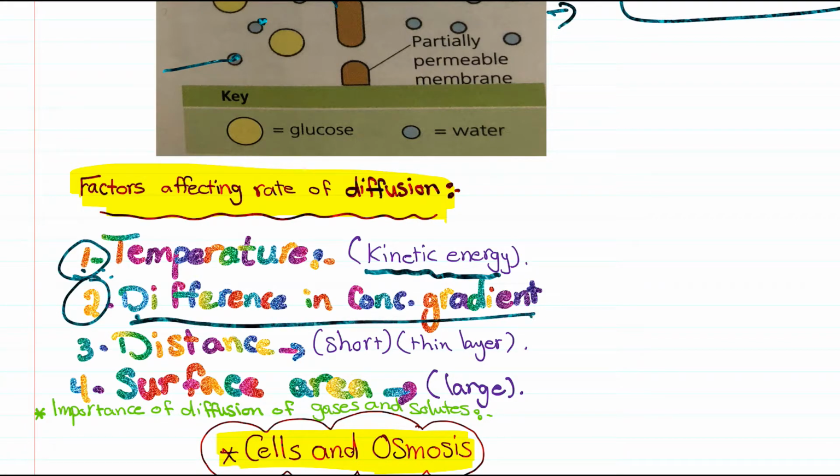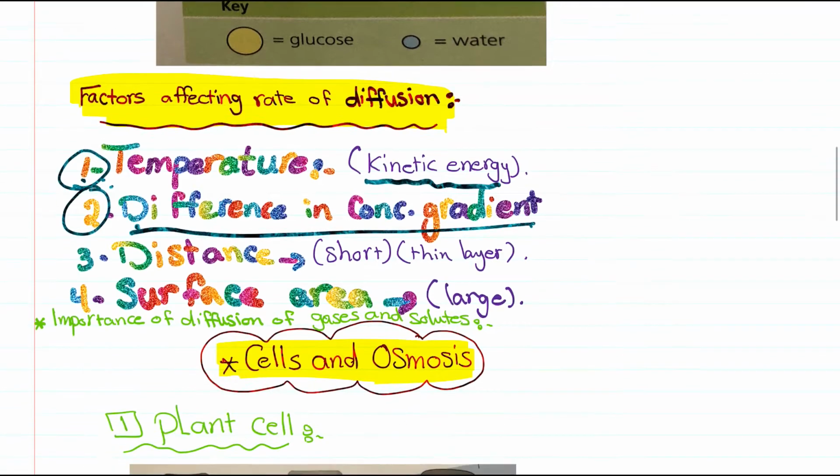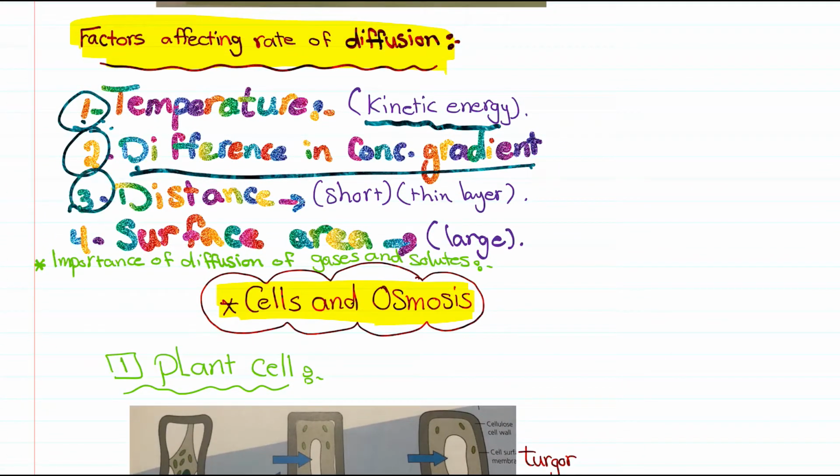Next, the difference in concentration gradient. If we have high concentration on one side and very low concentration on the other side, the rate of diffusion will be faster. So a larger difference in concentration gradient increases the rate of diffusion.